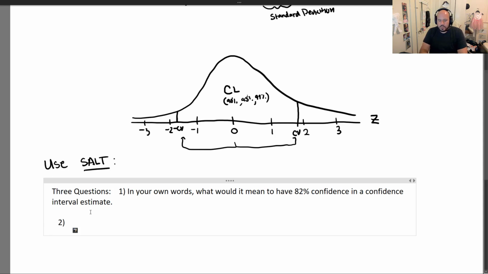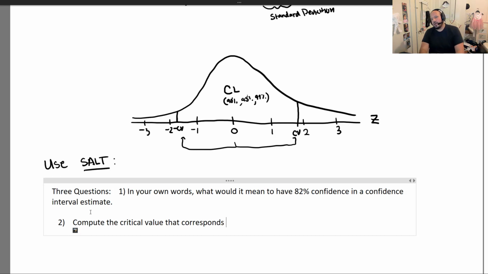Number 2, compute the critical value that would be used for an 82% confidence interval estimate.